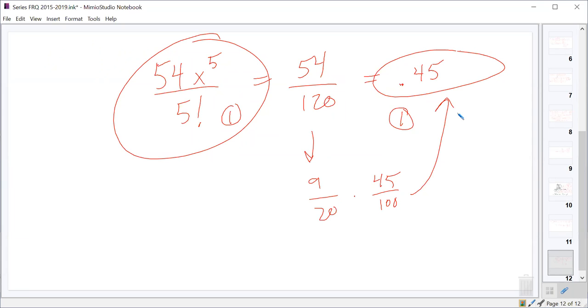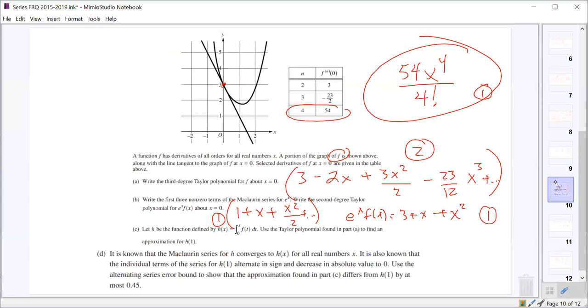How are we feeling? We're feeling better about series? Does that one go okay for everybody? Question on part A? Yeah, remember it's f of 0, that's the 3. F of 0 is 3. Then it's f prime of 0, which is the slope.